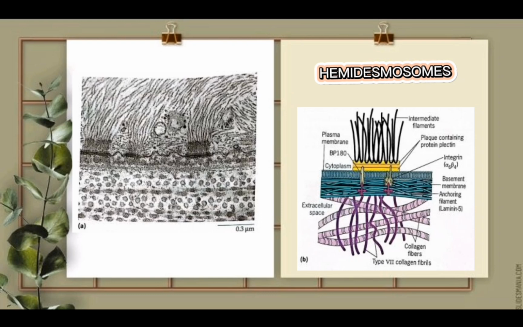Hemidesmosomes are differentiated sites at the basal surfaces of epithelial cells where the cells are attached to the underlying basement membranes.